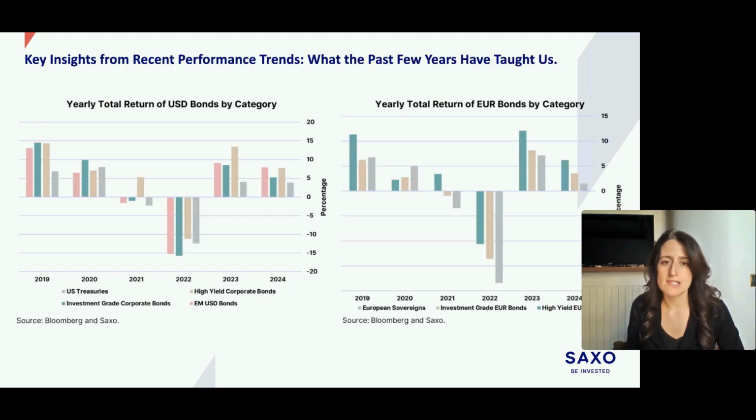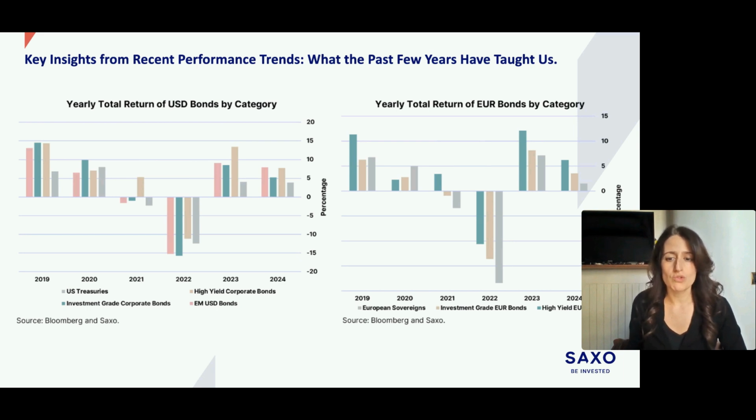Let's look at markets. I want to start by looking at bond performance. Here on the left-hand side is US dollar bond performance, and on the right-hand side, euro bond performance from 2019 to 2024.